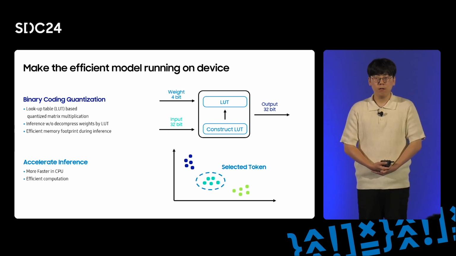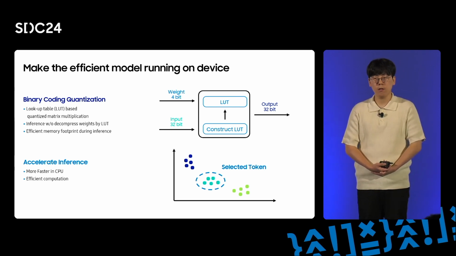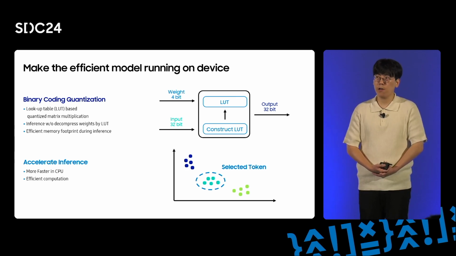Next, accelerating inference. CPU inference takes longer because of cache misses in embedding operations, because the embedding matrix is relatively large, as it contains tens of thousands of vocabulary entries.